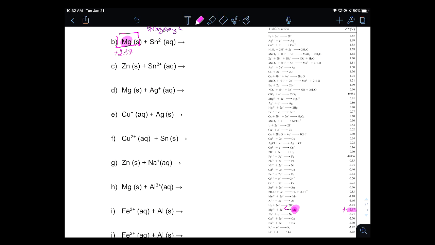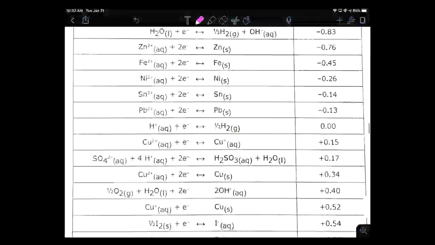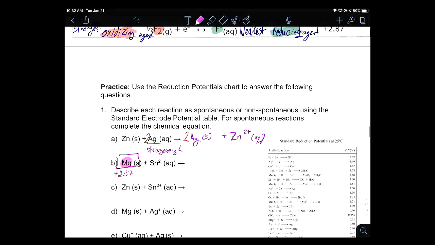So I'm looking on my left here for magnesium. Notice magnesium metal is way down at the bottom. Maybe I can just drag this and put it here. I'm a little worried it's going to throw everything off.